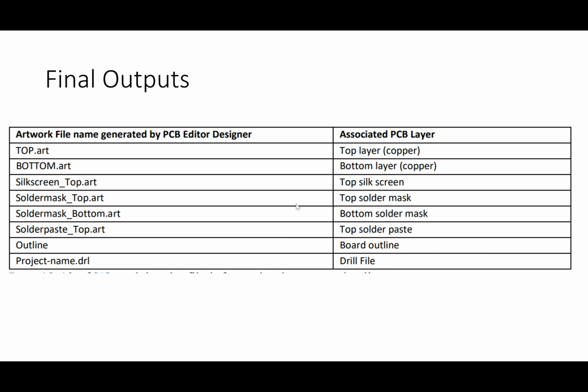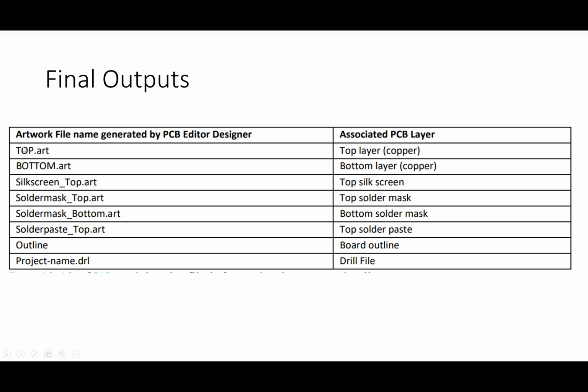Now, when you're done with the final process, and that's not talked about in the initial video, what you'll ultimately generate is a set of artwork. Those artwork files are called Gerber files. These .art files are called Gerber files. What they do is they basically provide to the board manufacturer some indication as to how they should be laying out the copper and how they should be drilling the boards.